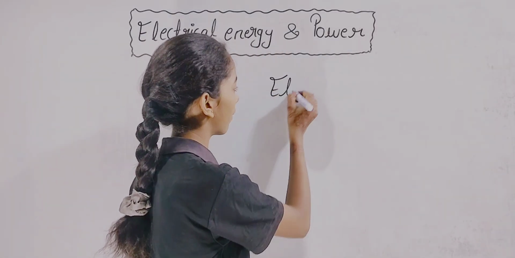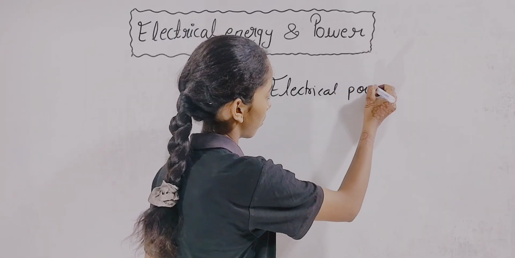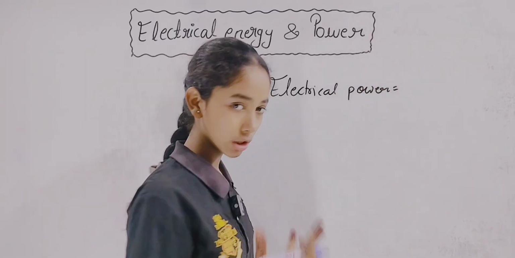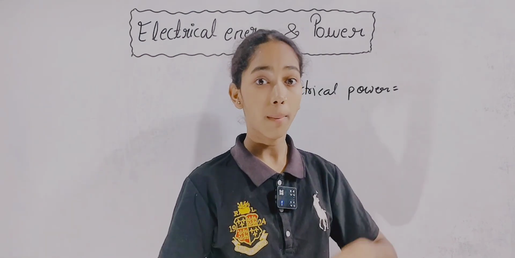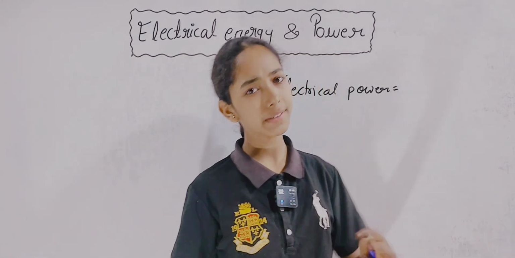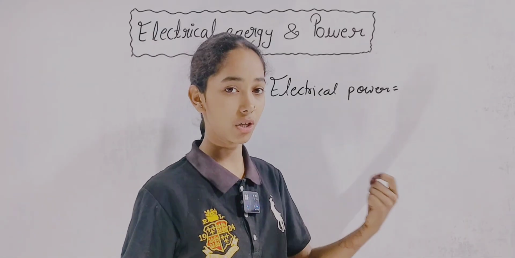So electrical power, what is electrical power? We know that power is the rate of doing work, but if we are doing any electrical work, then the rate of doing that electrical work will be electrical power.